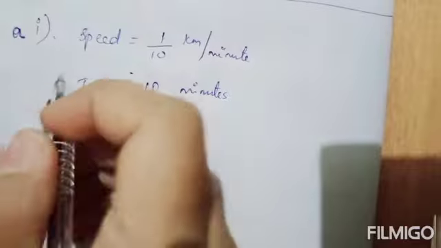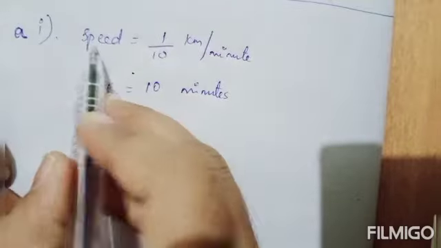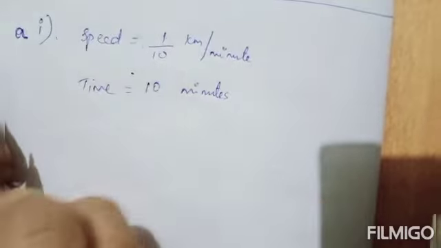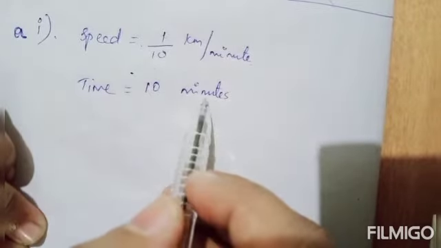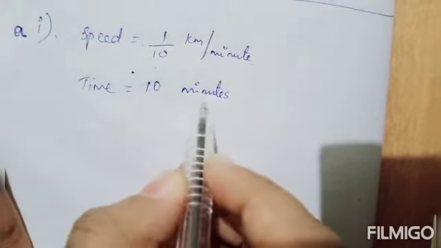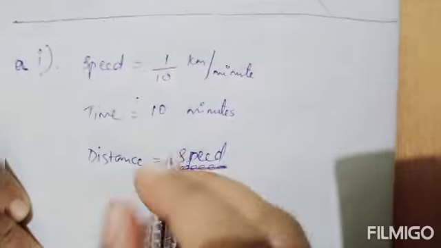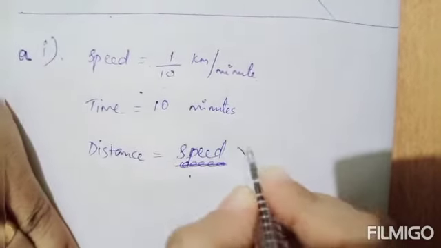Now the question is, how far does he go in 10 minutes? First we have to find what distance he will go in 10 minutes. We found speed equal to 1 by 10 kilometer per minute, and time here we can take as 10 minutes. If speed and time are given, we can find the distance.